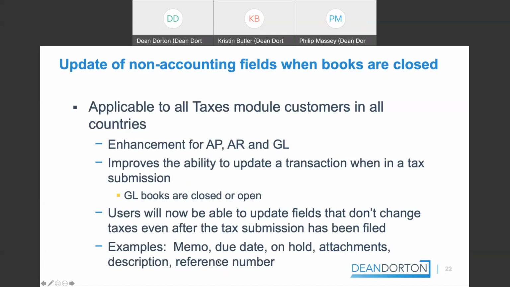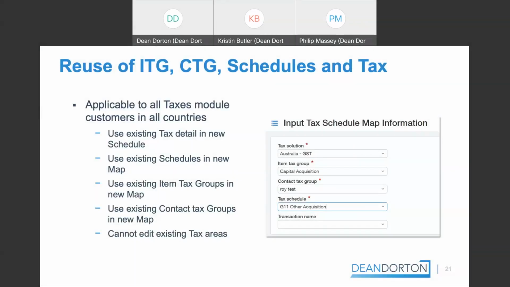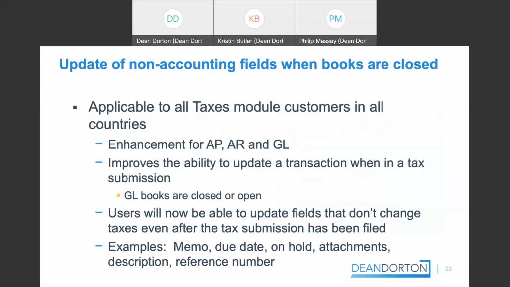So things like memos, due dates, on hold, attachments, descriptions, reference numbers, you'll be able to go back in and make changes according to all the other rules inside of Intacct as to when you can make changes. But you'll be able to go back and make changes potentially to taxed transactions, even when the period has been closed. Okay, sorry about that. I clicked the wrong button there.